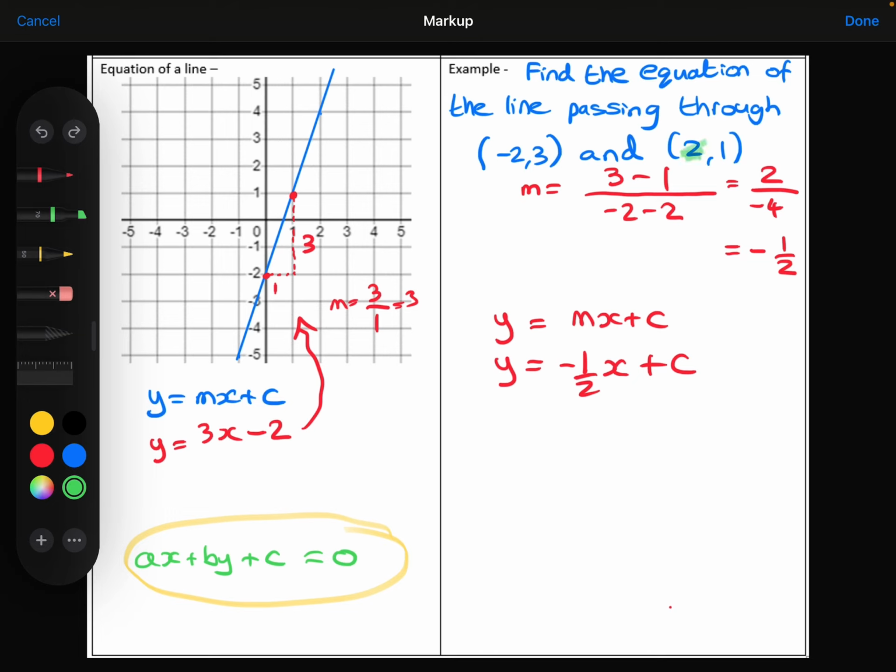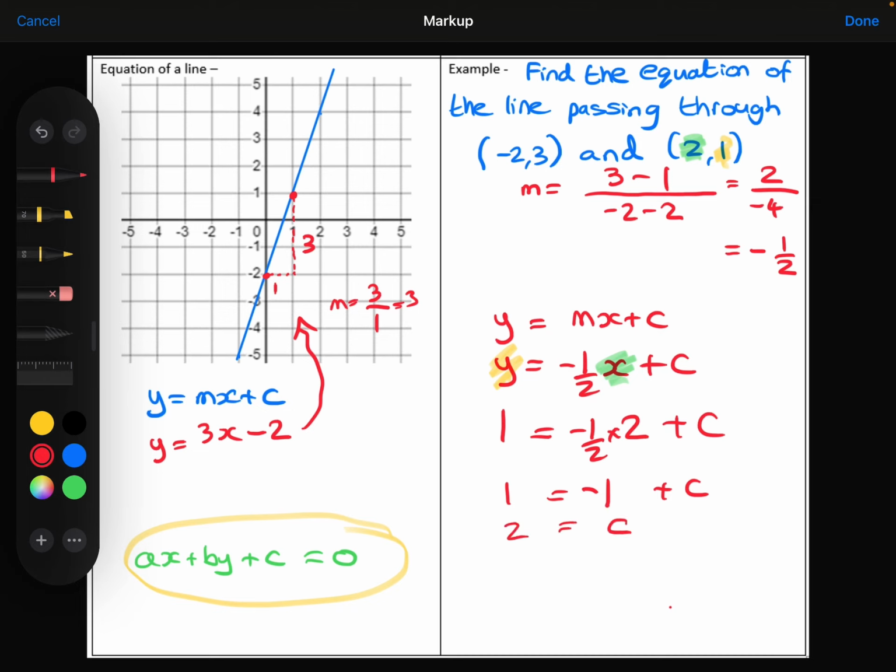So I can see that x is 2 when y is 1. So if I put those in the right places, 1 equals minus 1/2 times 2, or 1/2 of 2 is 1, with the minus, minus 1 plus the c. I'm then going to add the 1 to both sides to get c.